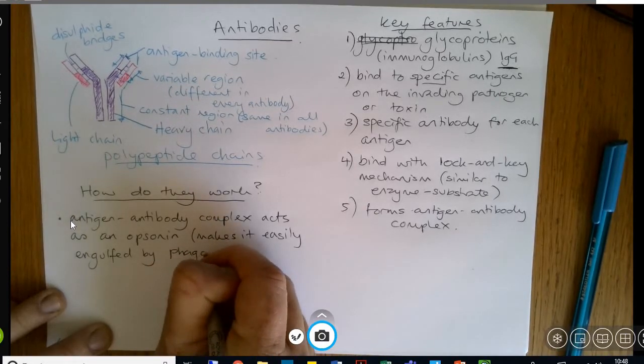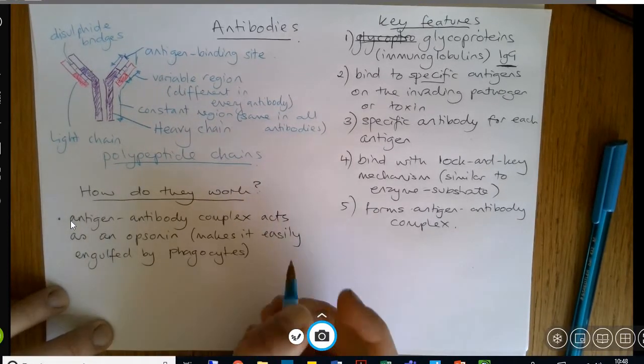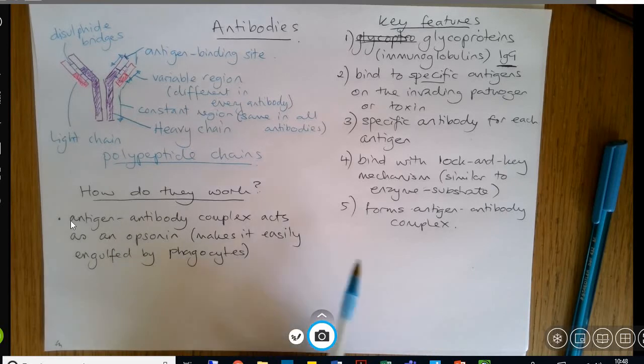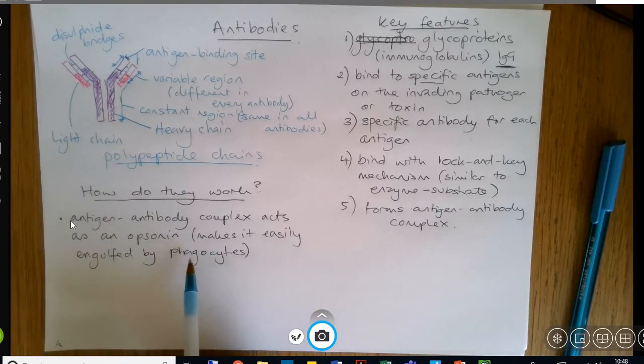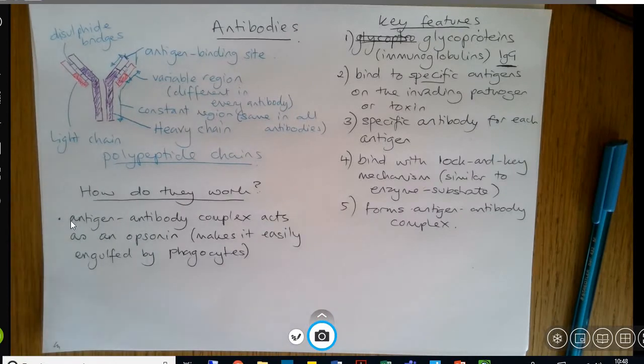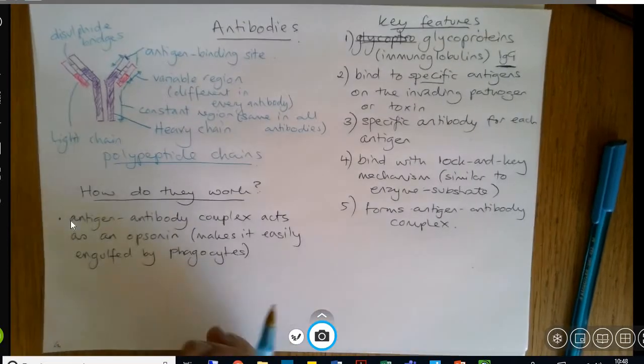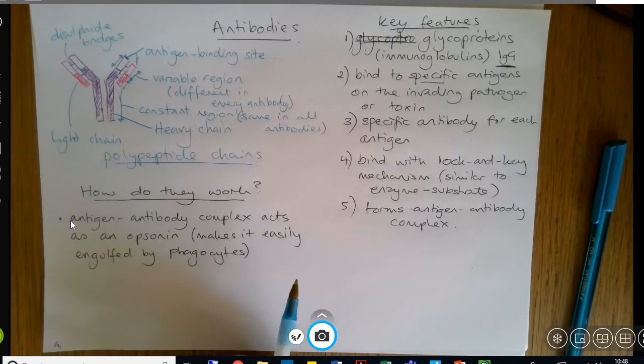Now, if you remember when I was talking about phagocytosis and the process of phagocytosis, where the phagocyte is made, this is the thing which goes around and collects up all of the toxins and the pathogens in non-specific immunity.